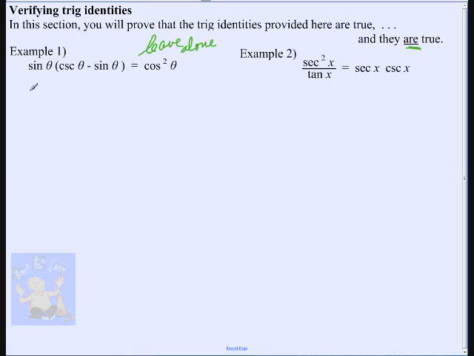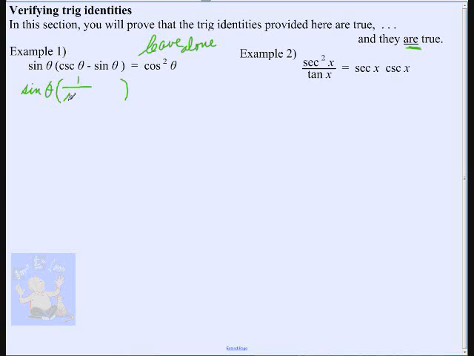Well, let's use the reciprocal identity here. So we'll have sine theta times 1 over, well, what is a reciprocal identity for this?